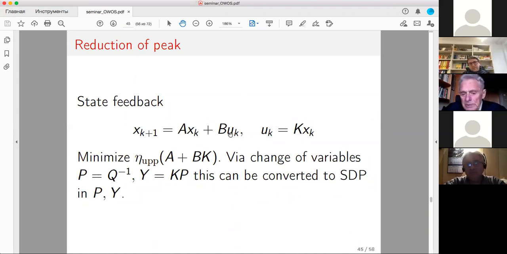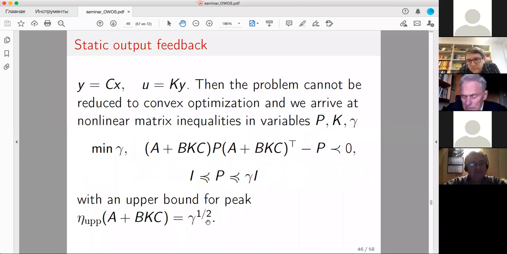So we have control, and the control is taken in this form, and then we can minimize the upper bound over K. Actually it can be converted to a convex problem, but for the more general case, when we have output, our problem is now the following.